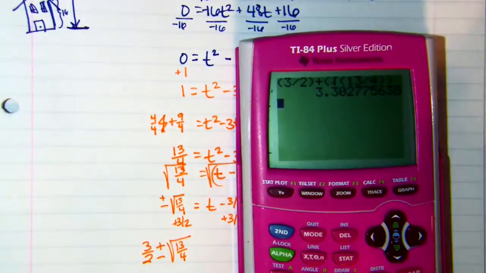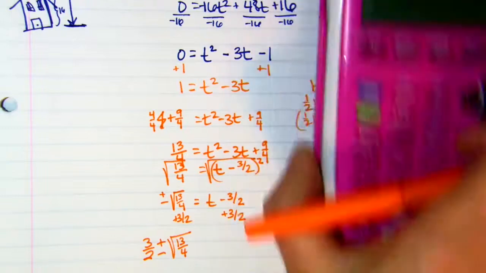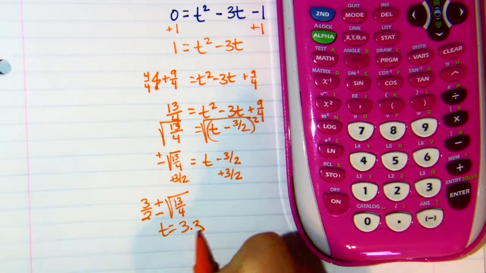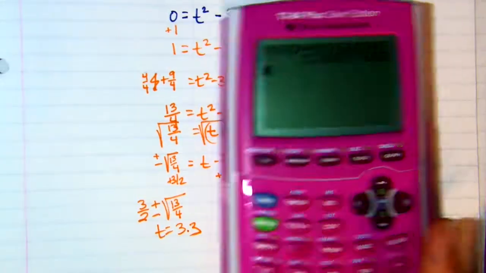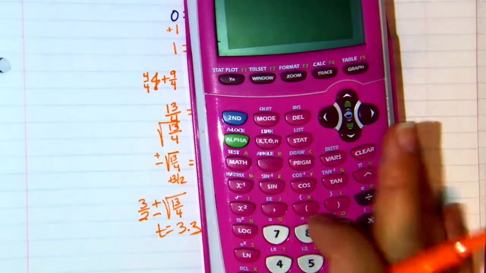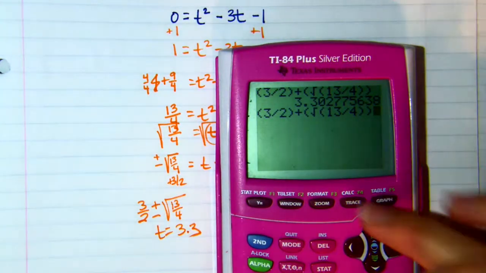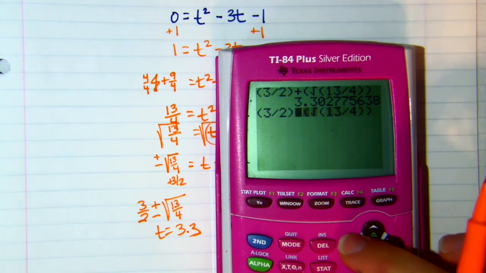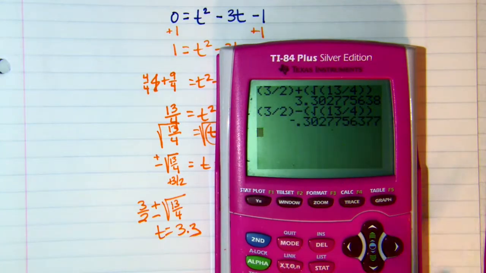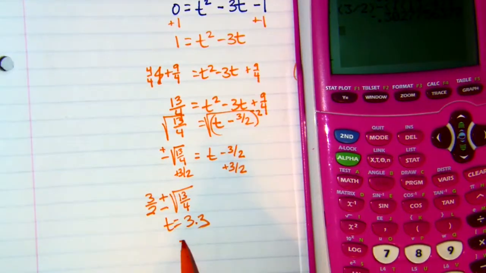So when I add, I get about 3.3. Now, if you have a calculator like this, I can do second and then the enter button, and it pulls up that same equation that I just had, and I just change that to subtracting. I push enter, and I get negative 0.3.